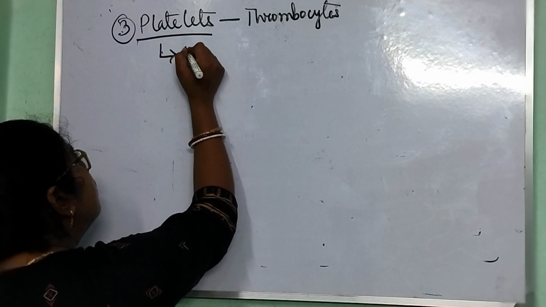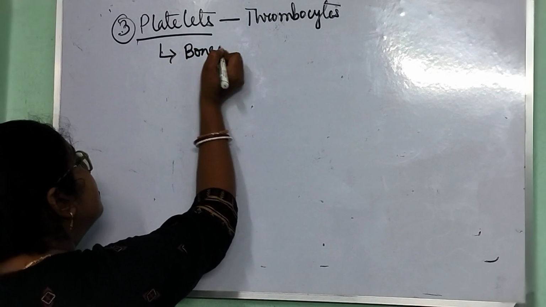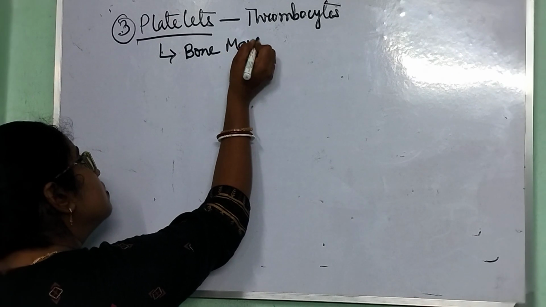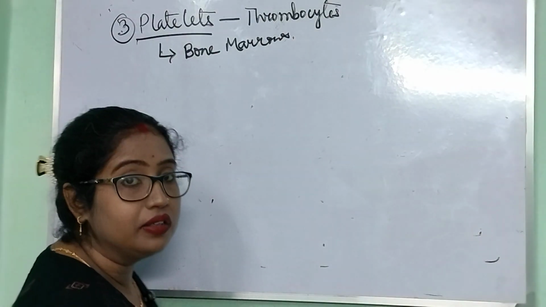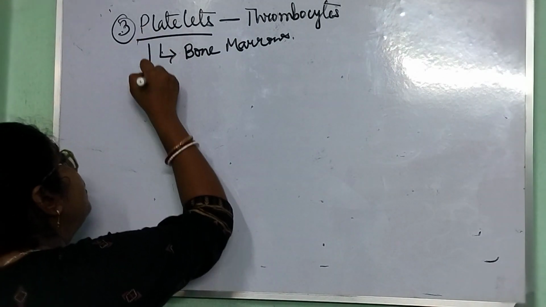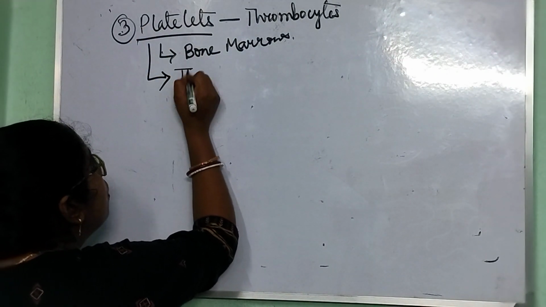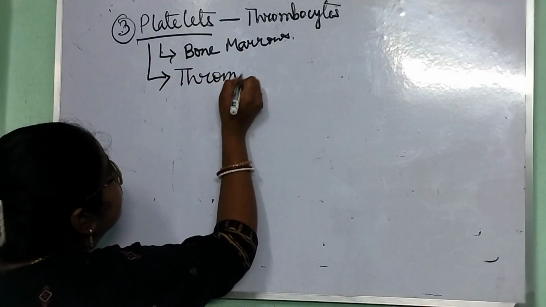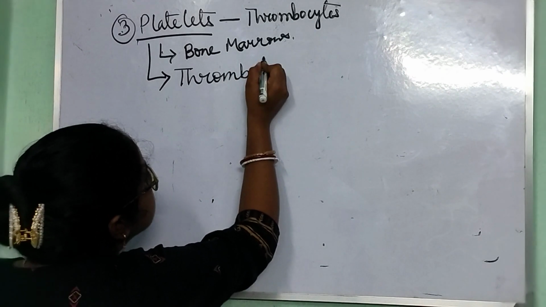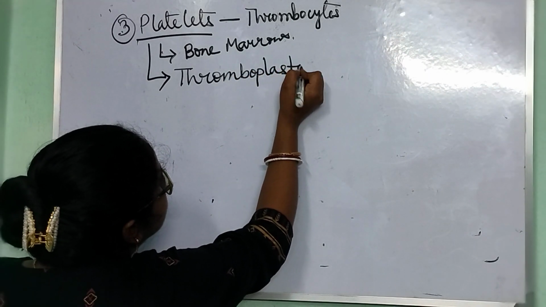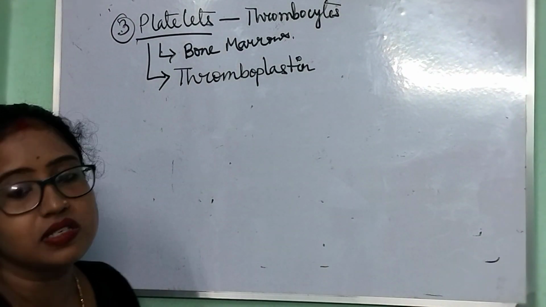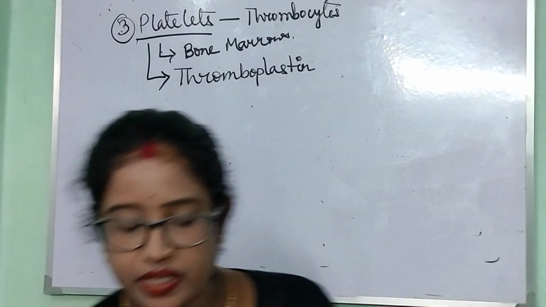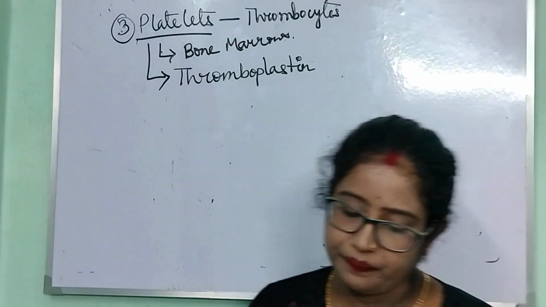Platelets are also formed in bone marrow. They contain a special type of protein known as thromboplastin, which helps in blood clotting.